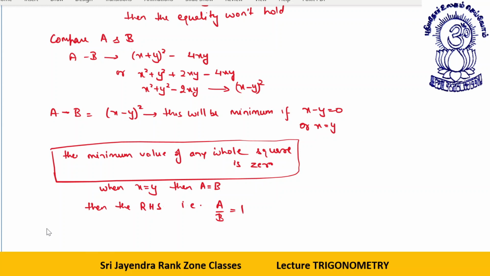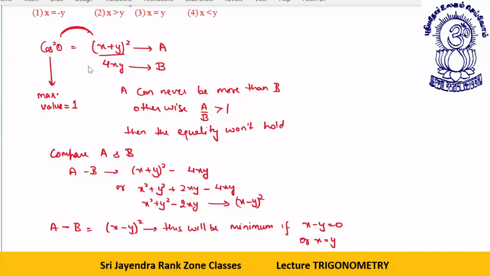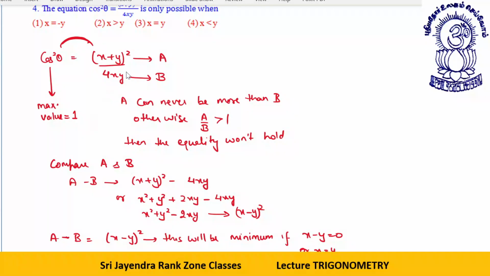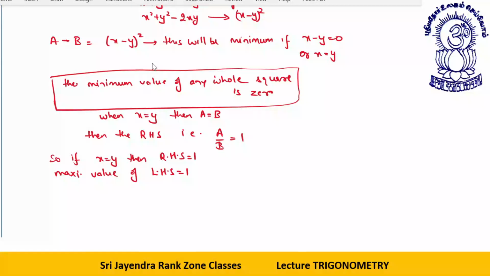So if x is equal to y, then RHS is equal to 1. The maximum value of LHS is also 1. So this is 1 and this will be 1 when x is equal to y. So your answer is possible only when x is equal to y.